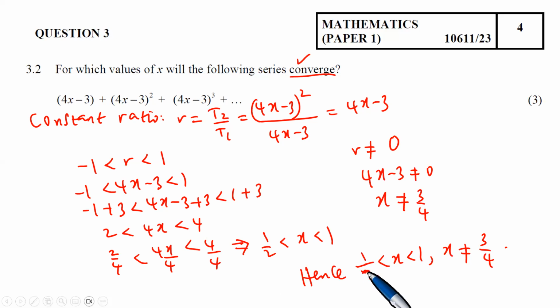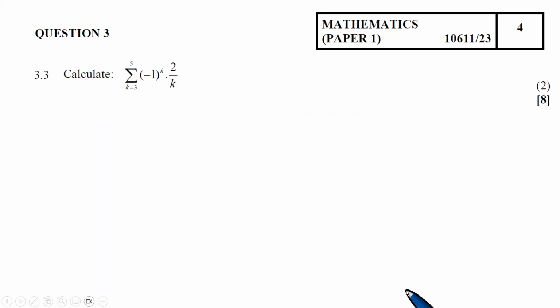Next question, please. How do we find these? Calculate the summation here. To find this summation, we proceed as follows. So we substitute from 3 to 5. You start from k equals 3, so we put 3: -1 to the 3rd power times 2 out of 3.